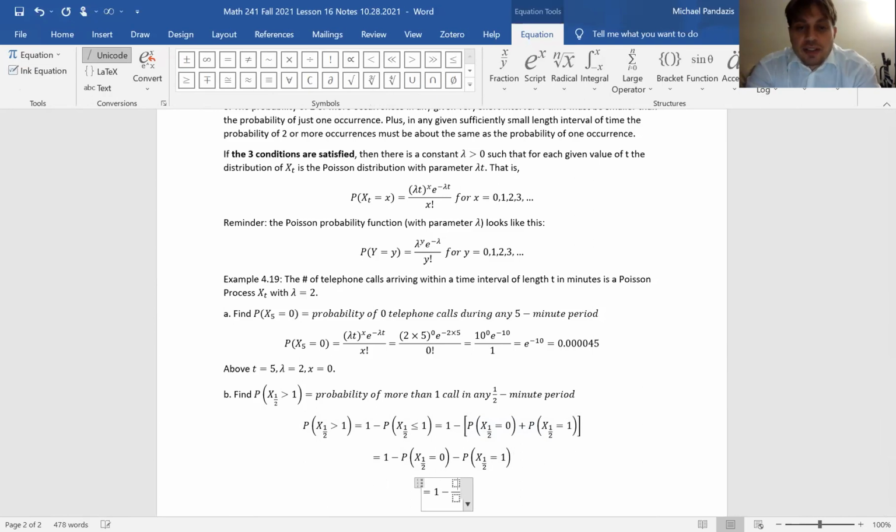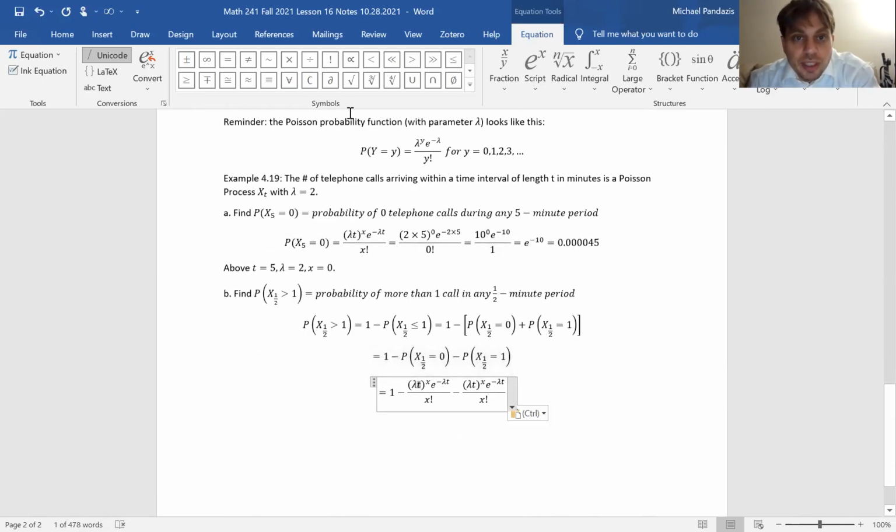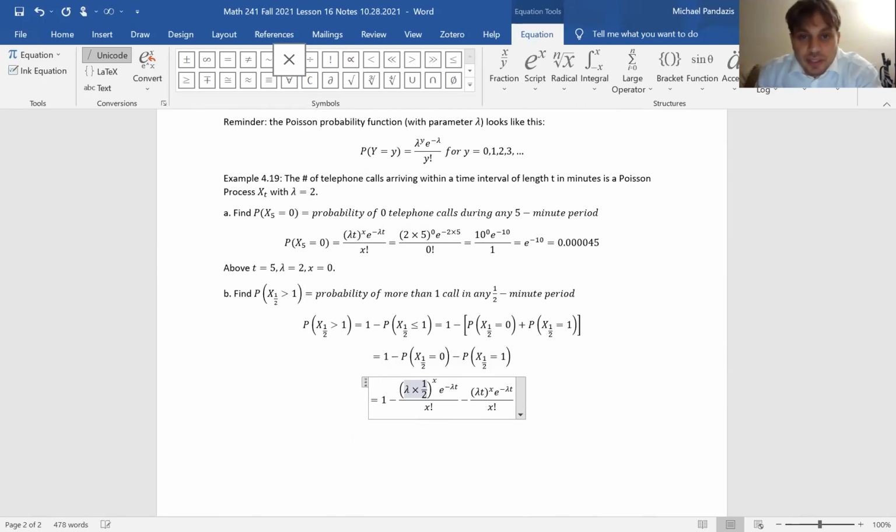And so for this, we again use the Poisson probability function, and we plug in the values for each. Okay, so t is 1/2 for all of them. So there's going to be a 1/2 here. There's also going to be a 1/2 here, right?